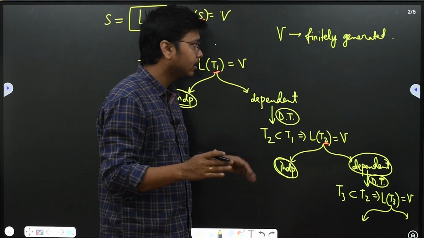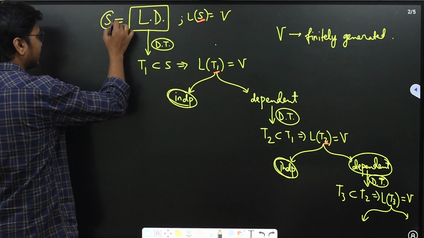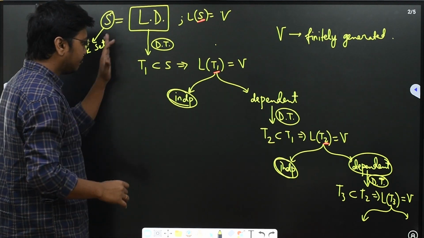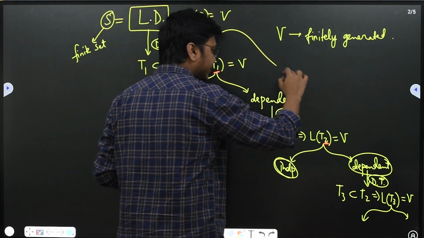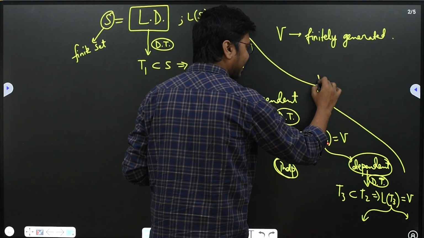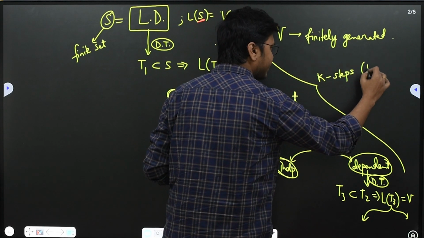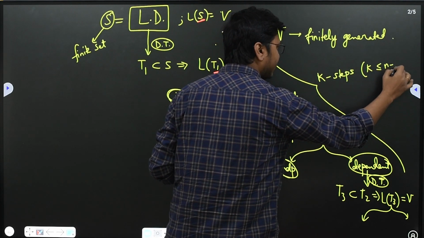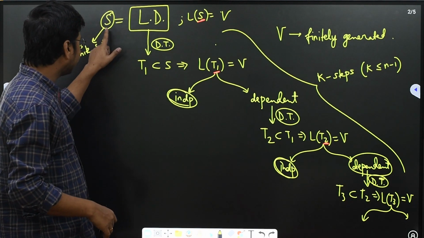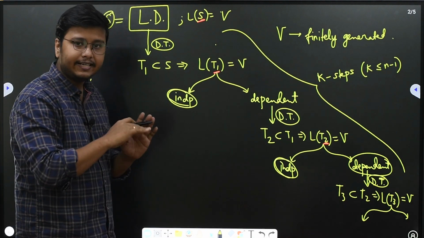It's not infinite. So if it is finitely generated, and since we started with S, which was a finite set, after n number of deletions, let's say these are the iterations going on, so after a maximum of k steps, where k must be less than or equal to n minus 1, you can delete at most n minus 1 times, because the set has cardinality n, so you cannot delete all the elements.